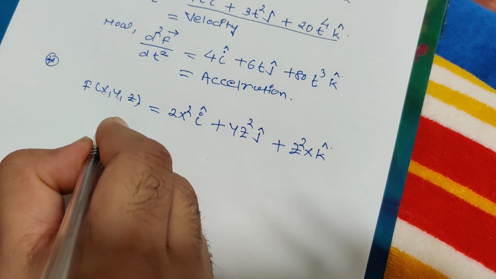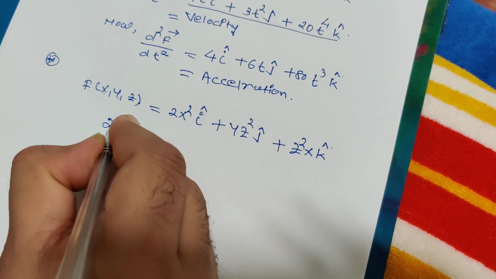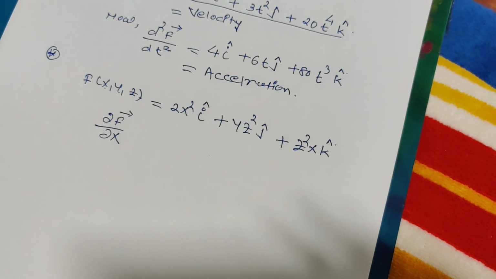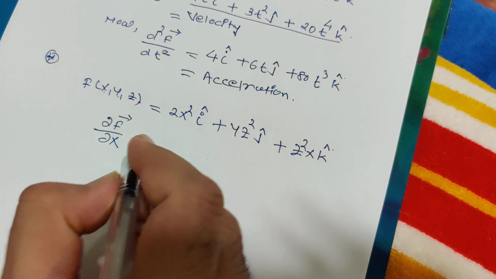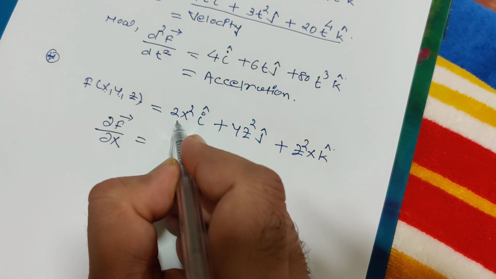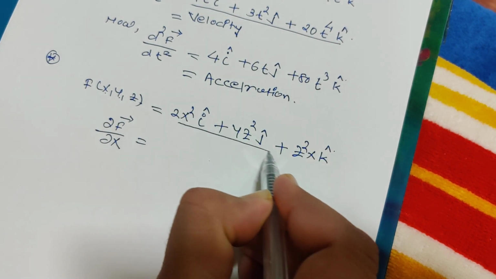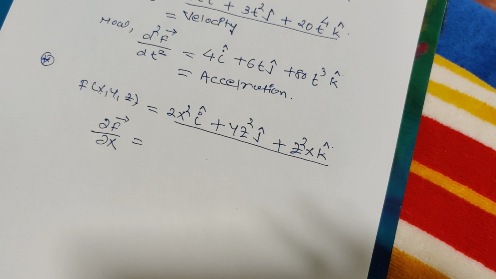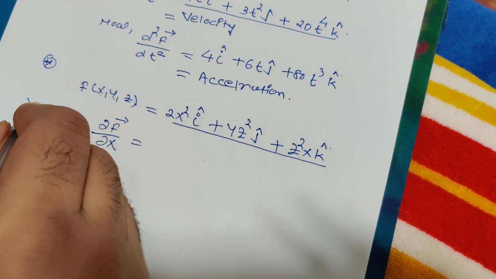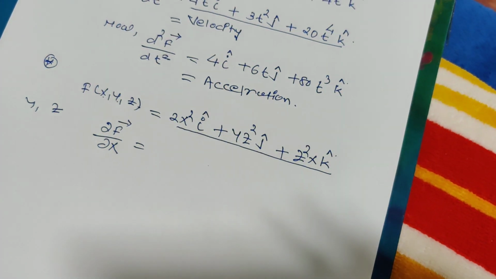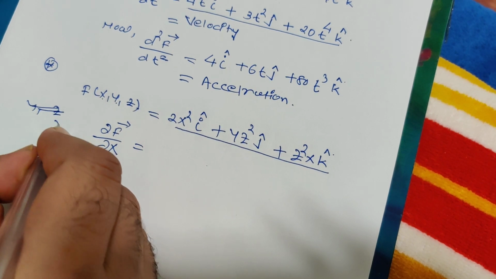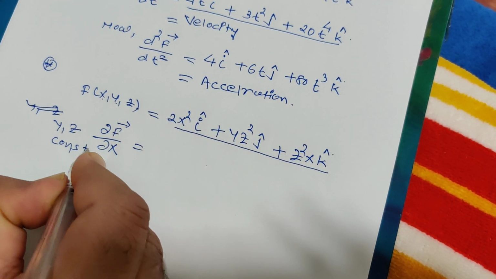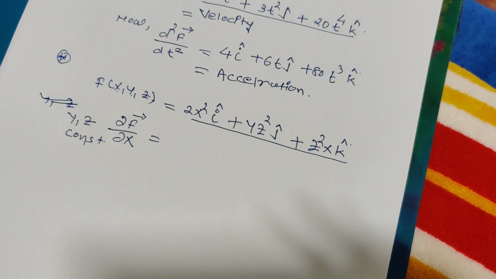So here you can also find del f by del x. Partial derivative means you have to take the partial derivative of this function with respect to x. So when you find with respect to x, y and z can be treated as constant.